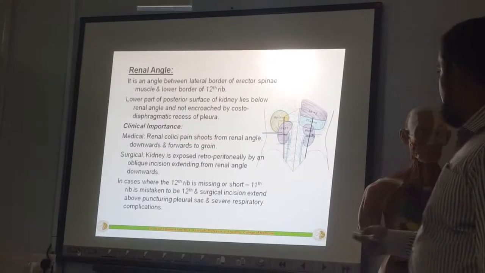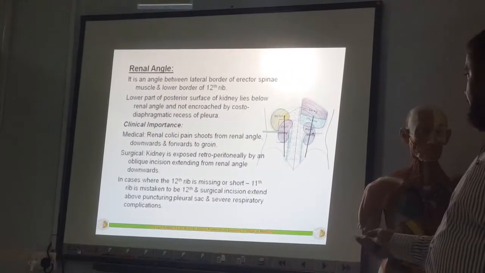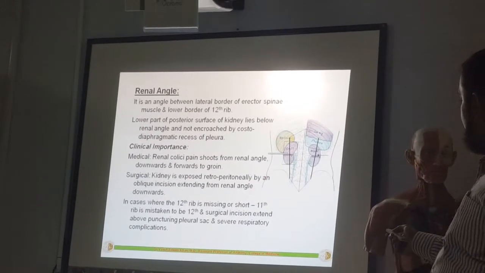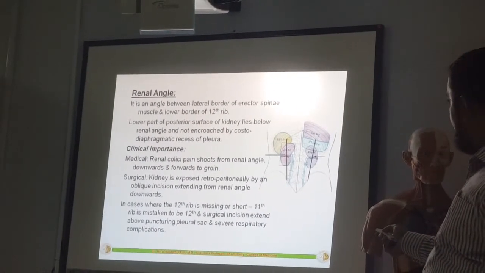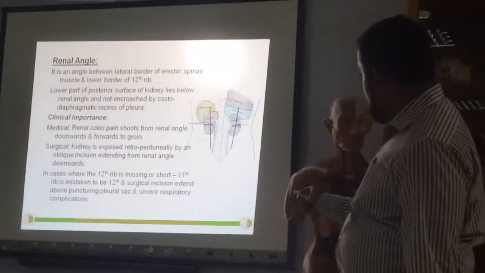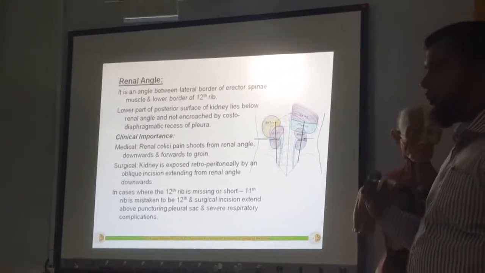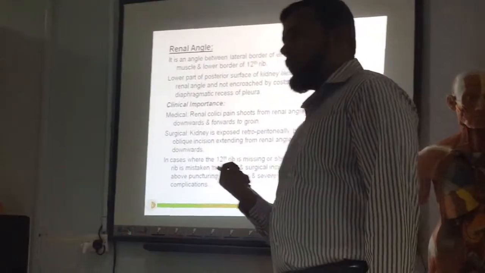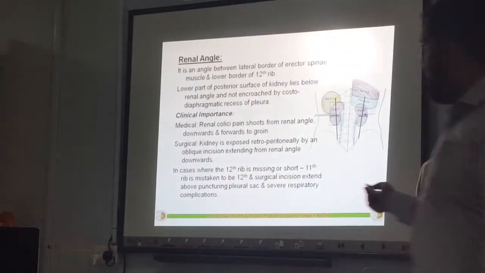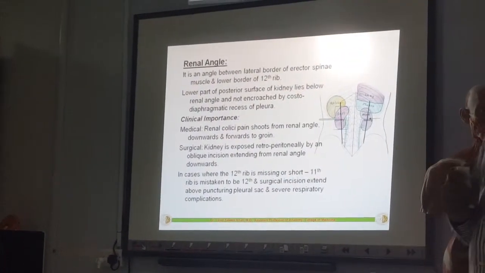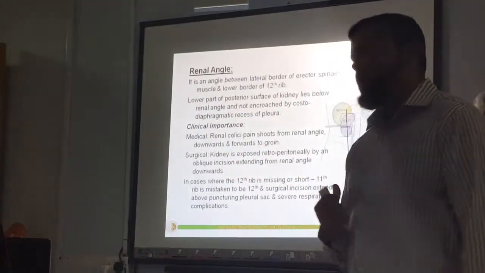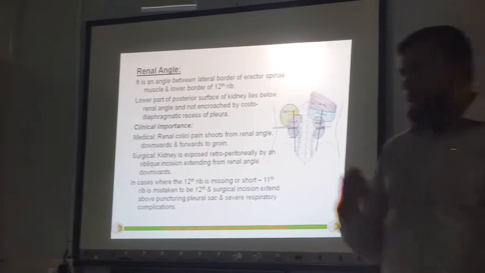Surgically, you can approach this kidney from behind, retroperitoneally, by an oblique incision from the renal angle, if you want to remove the kidney or do any surgical operations. Before you do the surgery, you should know the complications related to this. So this is the angle.